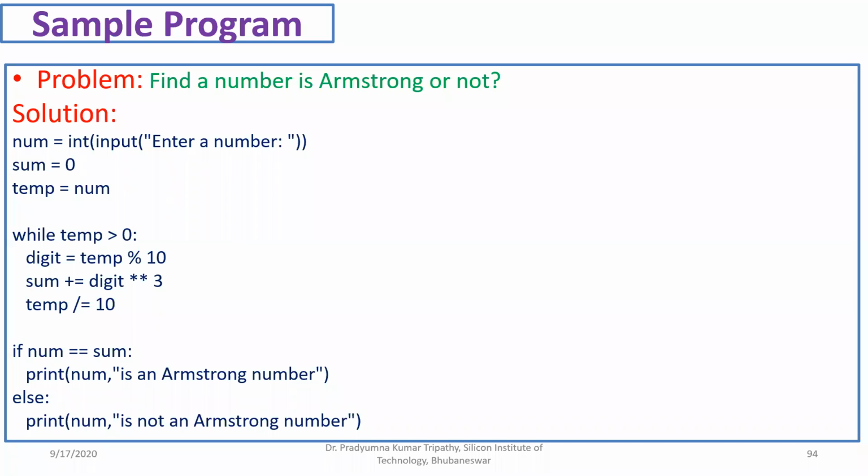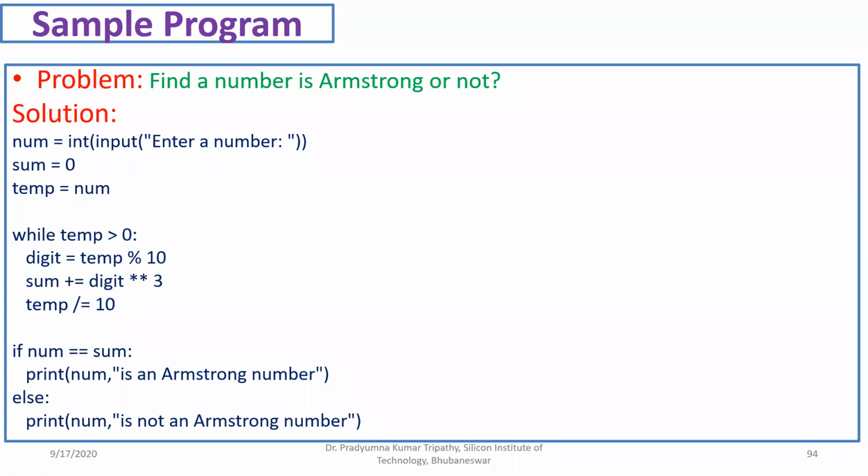You know what an Armstrong number is? Suppose, for example, 153: 1 raised to the power 3 plus 5 raised to the power 3 plus 3 raised to the power 3, if it equals 153 again, then the number is called an Armstrong number.